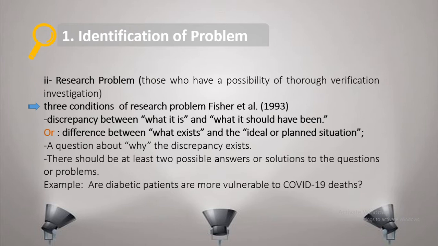There should be a discrepancy between what it is, what actually the problem is, and what it should have been. And you can also differentiate between what exists and what is idealized and what is the planned situation. So this is a research problem.